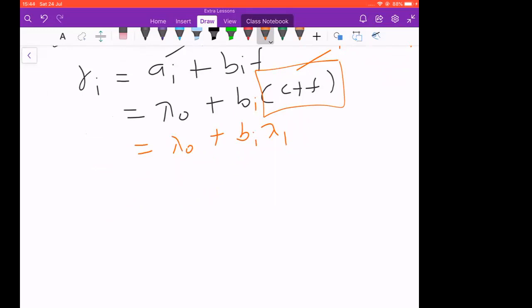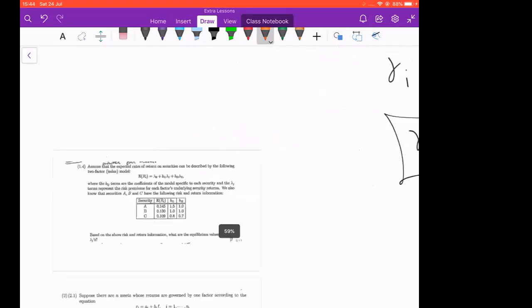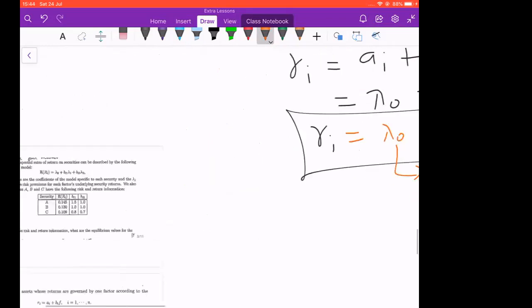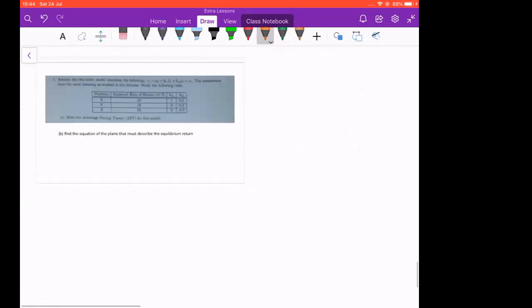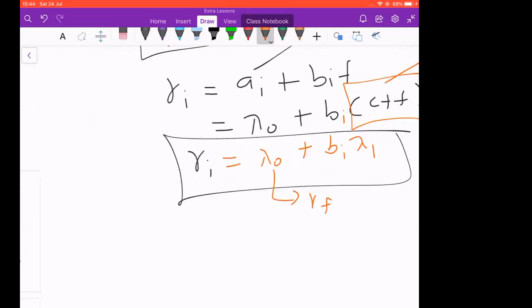So anyway, this is how you write your equation. Remember that we say lambda 0 is gonna be a risk-free rate, right? So when you answer questions of this nature, where they ask you about arbitrage, I have 3 questions actually.